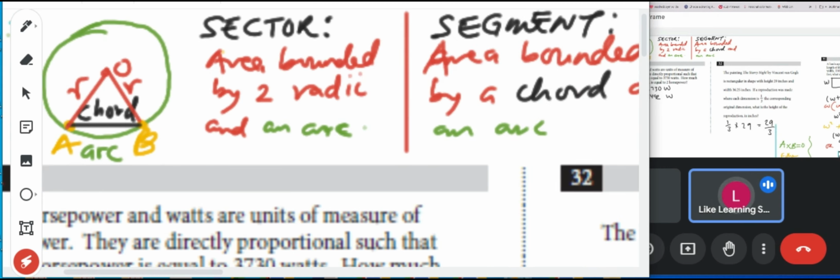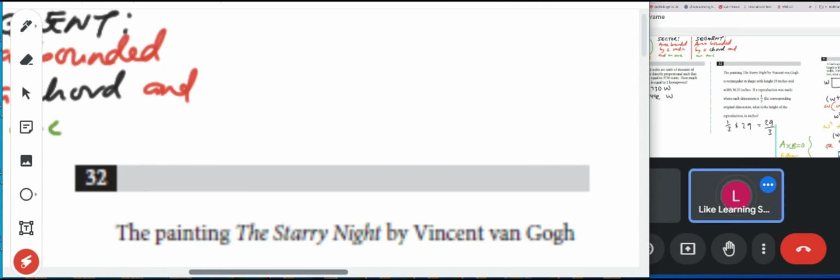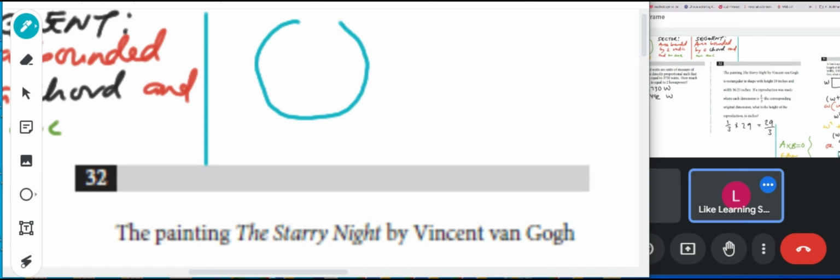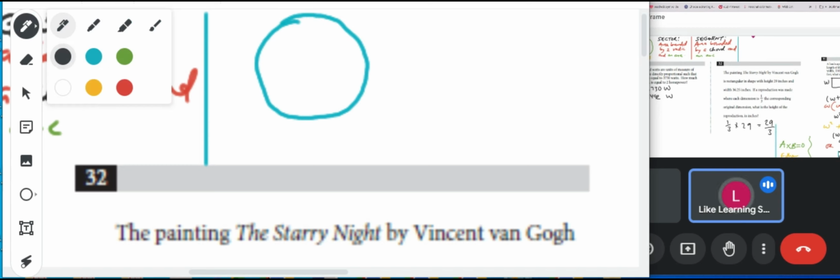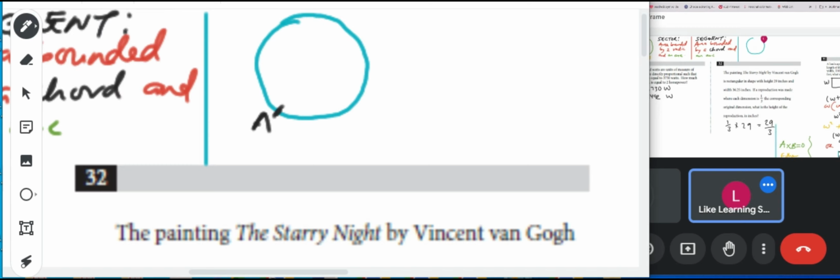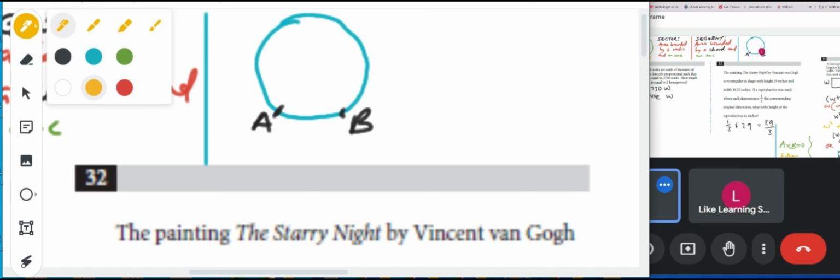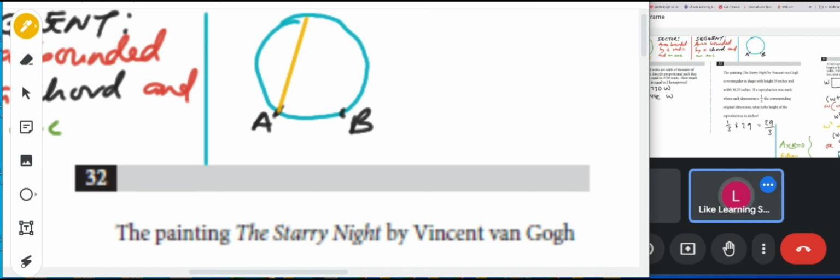You will understand what I mean by another drawing. Let's move towards the right. Let me add more to this. Alright, so if I have this, I still have my A and B. This is the one at the circumference.